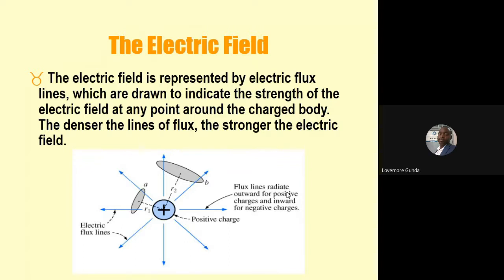So the electric field is represented by electric flux lines, which you can draw to indicate the strength of the field. So if you draw flux lines, and we are saying they will be representing the density of the field, the density is now determined by the number of flux lines passing per unit area.